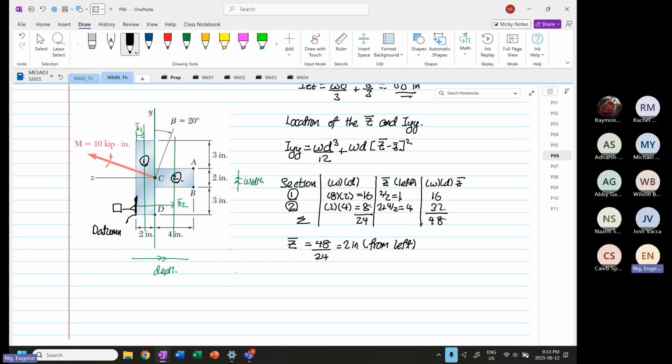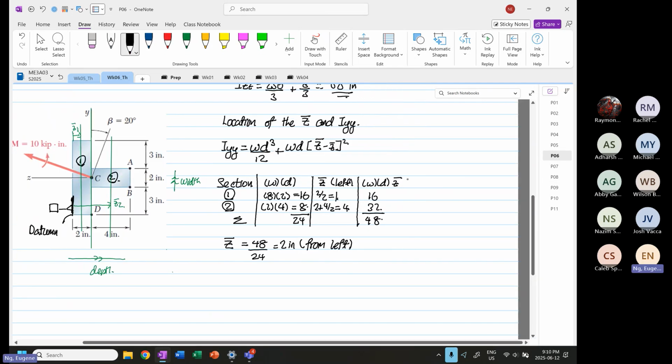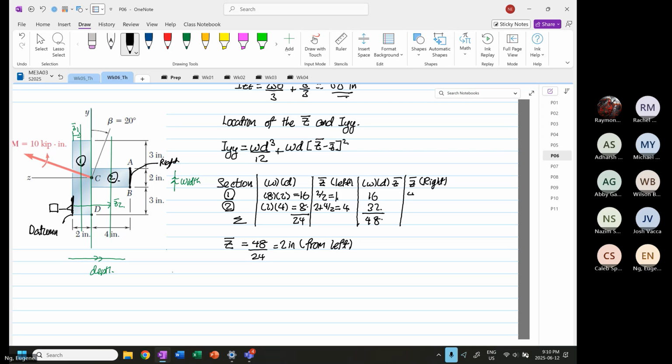Now I'm going to do something different. I'm going to now do Z bar from the right. So what do I mean by right? Now this is the right hand side. For the right, the Z bar from section 1 is 4 plus 2 divided by 2, so this is equal to 5.